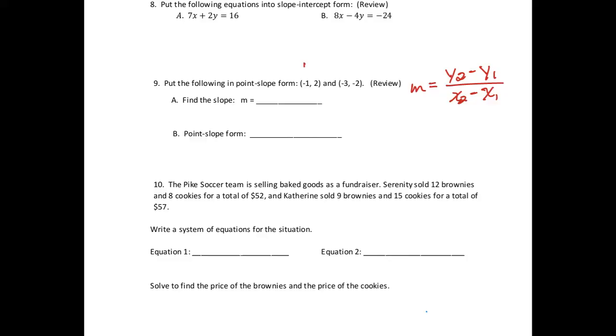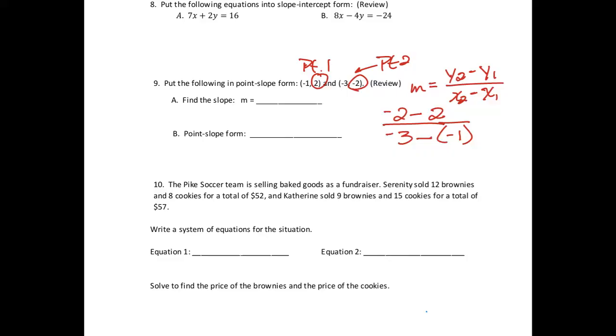So, slope, change in y over change in x. You can make one point 0.1, and make the second one 0.2. So the y sub 2 coordinate would be negative 2 minus 2, all divided by, go back to point 2, negative 3 minus negative 1.